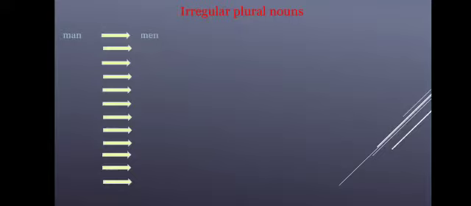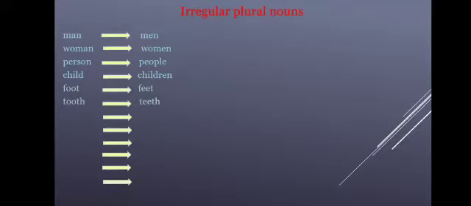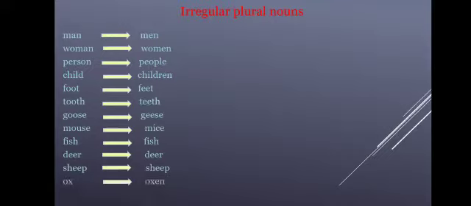So we have a list of these nouns: man, men, woman, women, person, people, child, children, foot, feet, tooth, teeth, goose, geese, mouse, mice, fish, fish, deer, deer, sheep, sheep, ox, oxen. So those are irregular plural nouns.